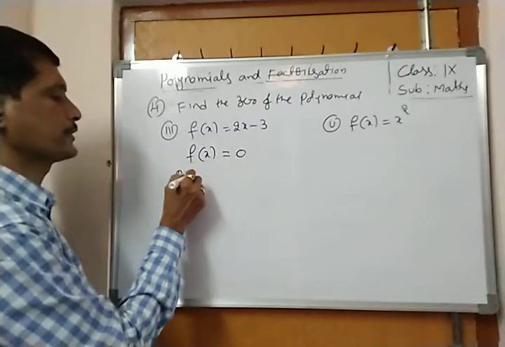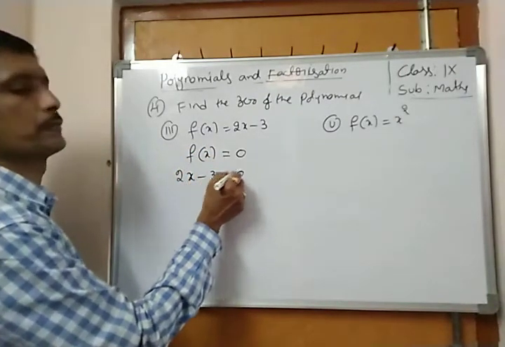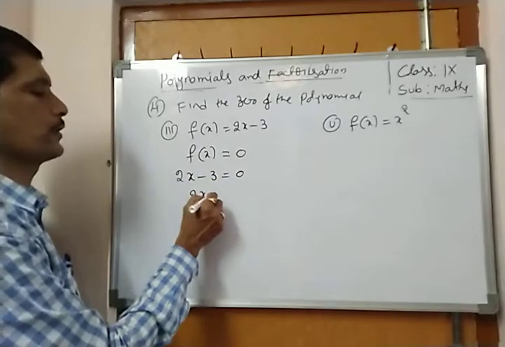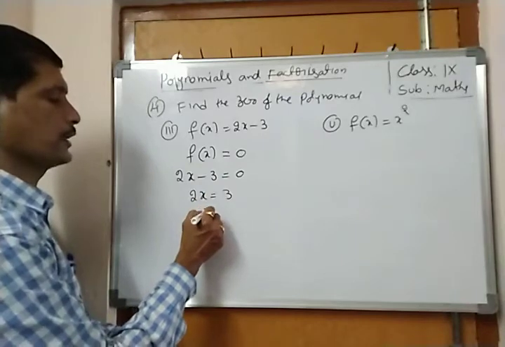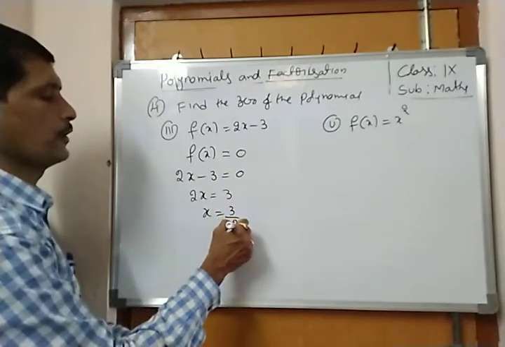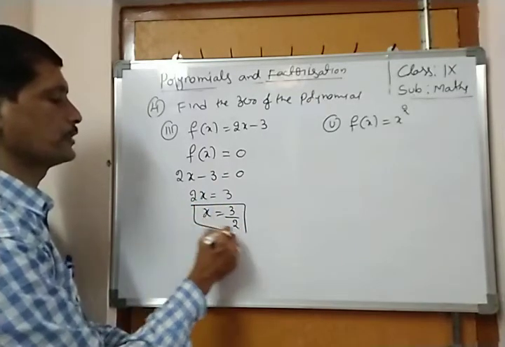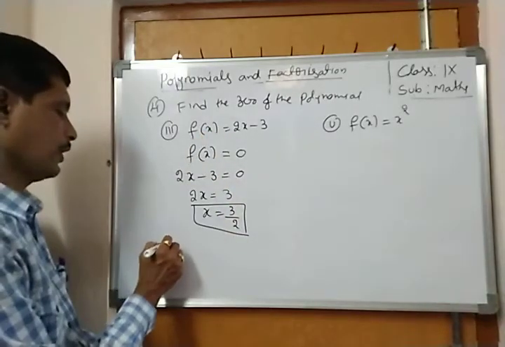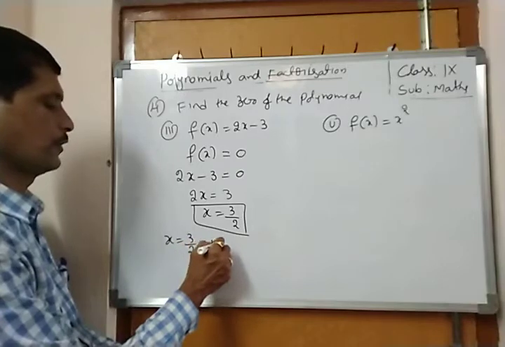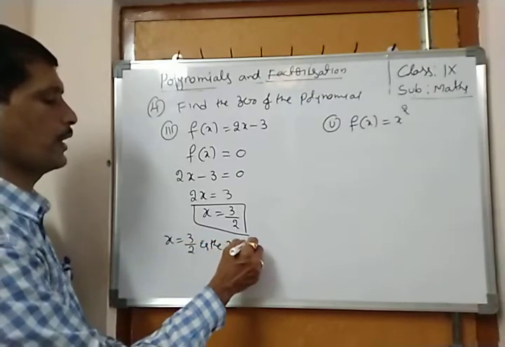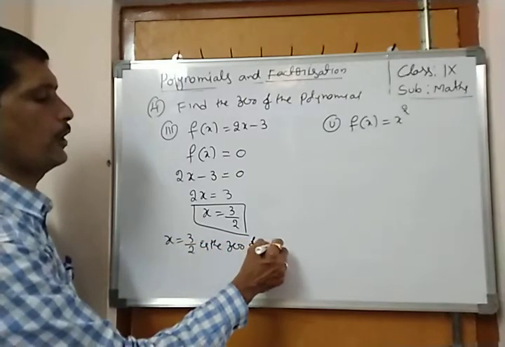Therefore 2x minus 3 equals 0. Therefore 2x equals, this minus 3 changes sides, 3, so x equals 3 by 2. Therefore x equals 3 by 2 is the 0 of the polynomial.